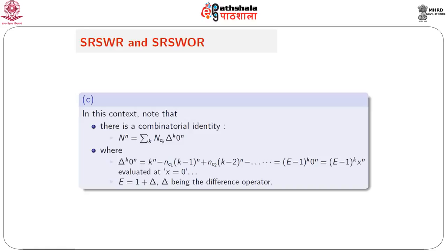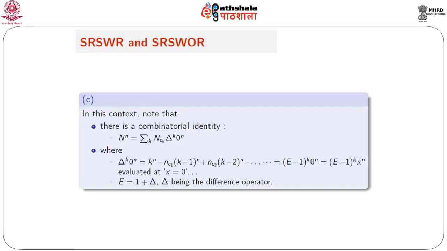This number capital N to the power small n, which is the total size of the sample space, can be related to all those numbers by this identity: capital N to the power small n equals the summation of N choose k times delta k 0 to the power n. Delta k 0 to the power n is nothing but delta k x to the power n evaluated at x equal to 0.